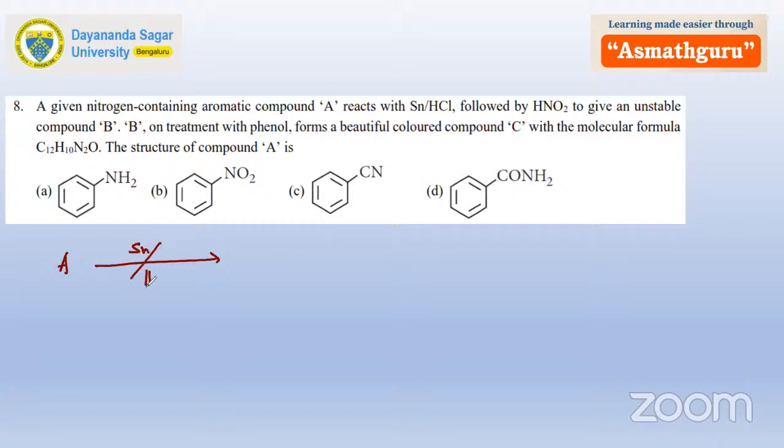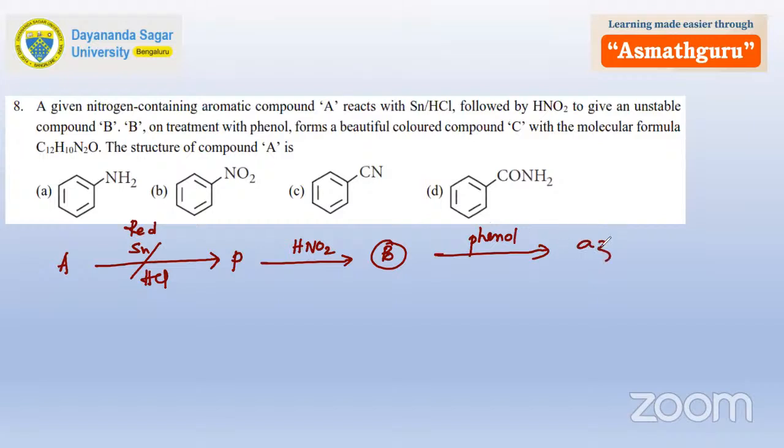Then followed by HNO2. Say we get some substance here. Let us keep it as P. You treat with HNO2 and you get B. And B on treatment with phenol forms a colored compound. Colored compound means azo dye.